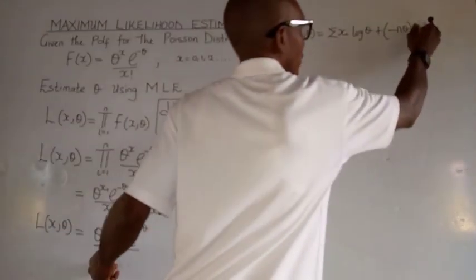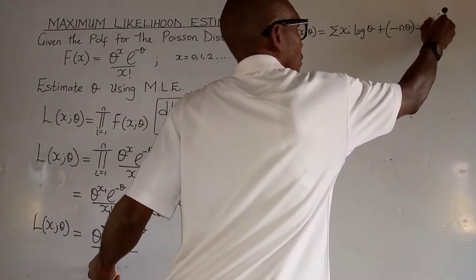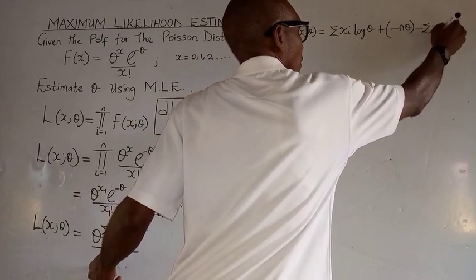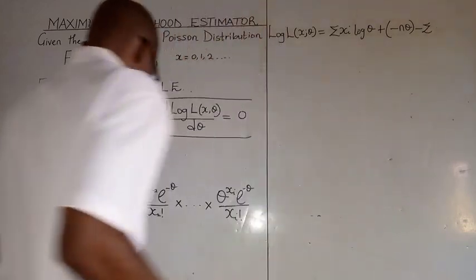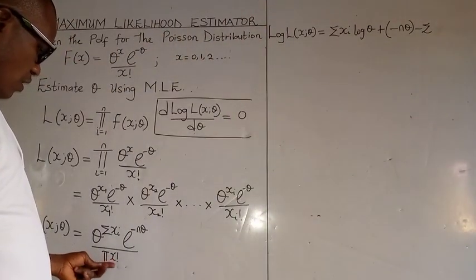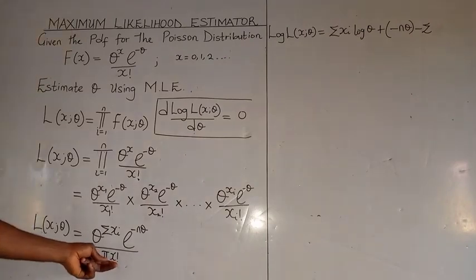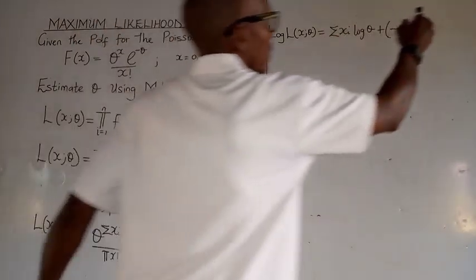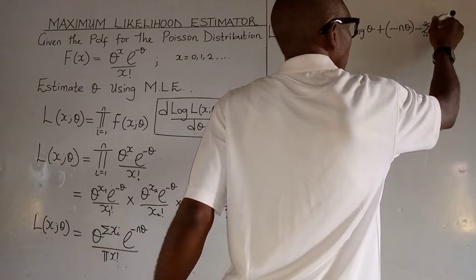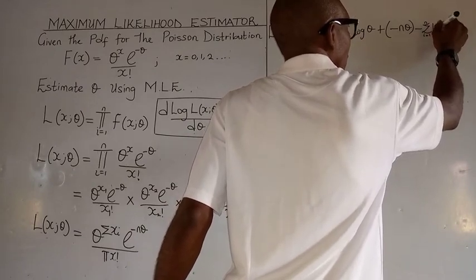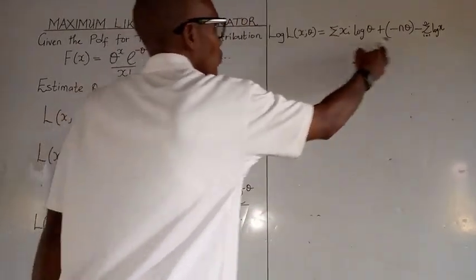This is minus summation of, if you take the product of this, it will bring us the summation, i ranging from 1 to n, of x. So this is what you get.